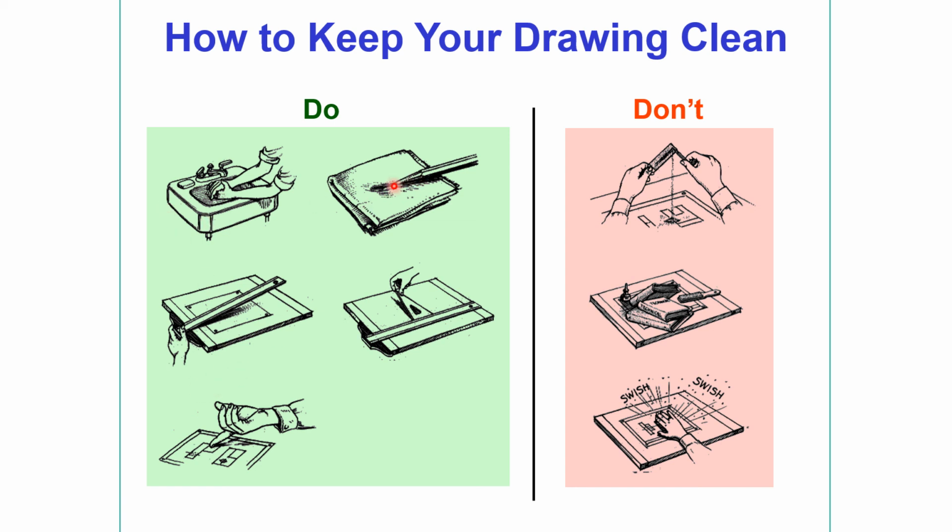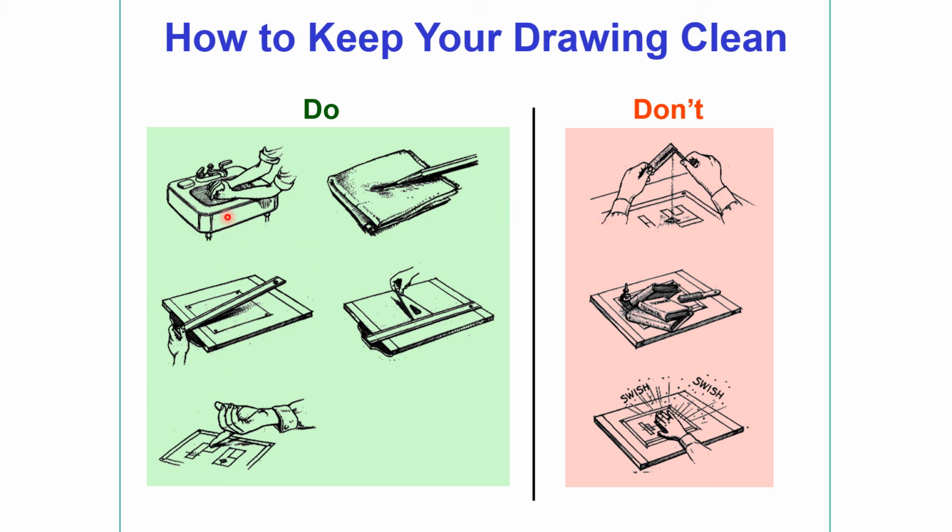Wash your hands with tissue paper. If anything bad is present, do not touch again and again. That is how to keep your drawing clean. These are the things you have to do and the things you must not do.